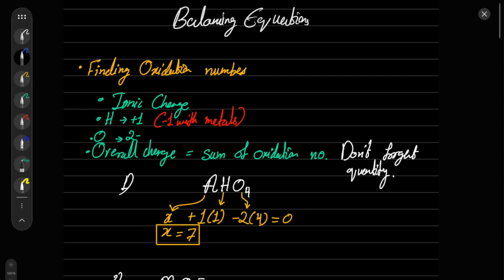That gives the overall sum of oxidation numbers, which should equal 0, because this is an overall neutral substance that does not have a charge. So X plus 1 times 1 minus 2 times 4 equals 0, or X equals 7. This gives the oxidation number as 7+.